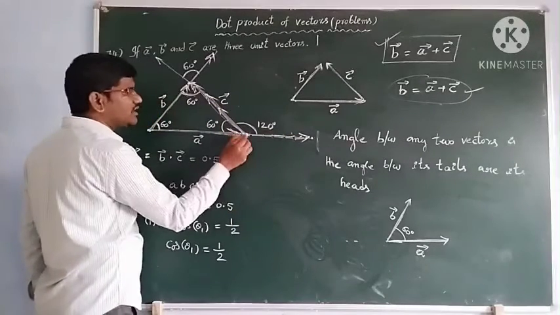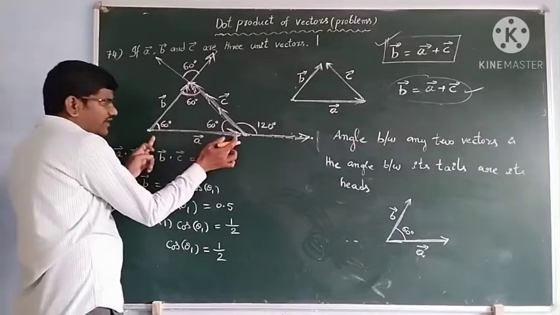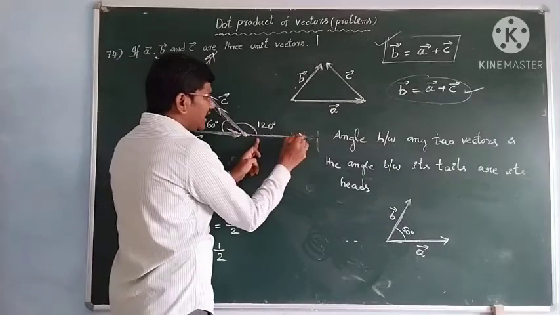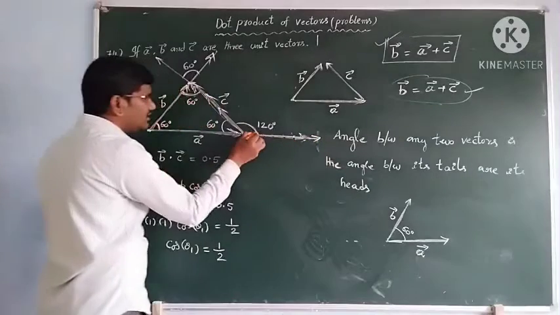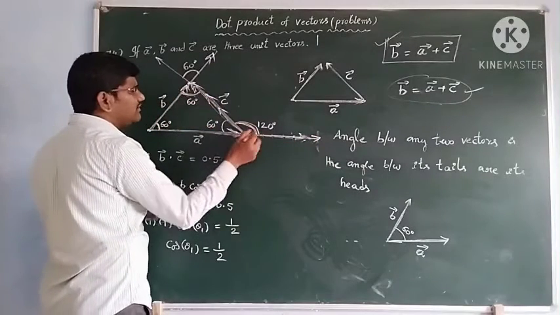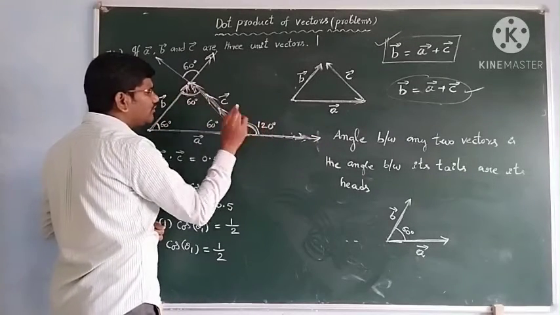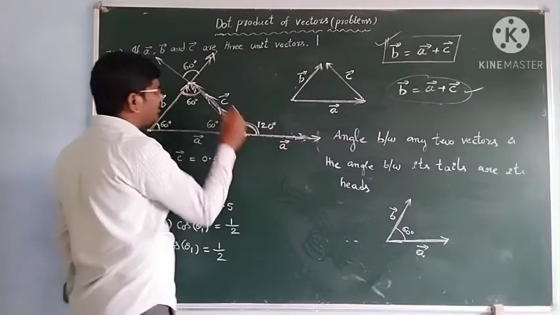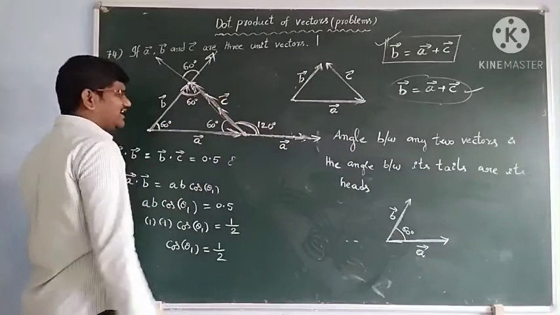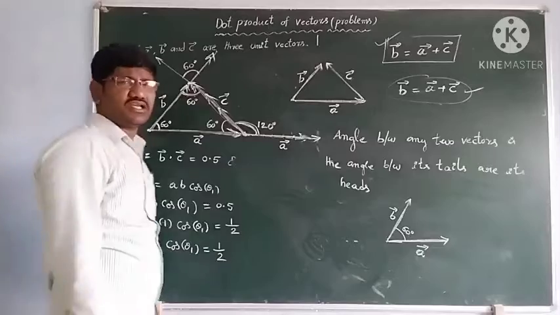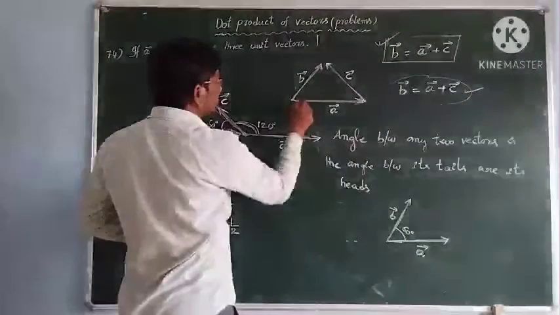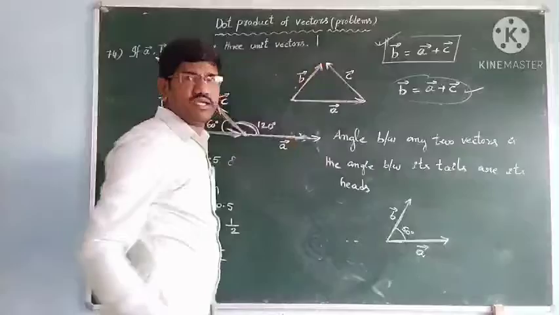This is the initial point. Because the same vector I have displaced to here, same magnitude and same direction, now I am taking the angle between them. So that is called 120 degrees. So the angle between A bar and C bar is 120 degrees. We got it. So the correct relation is the addition of A plus C is equal to B.